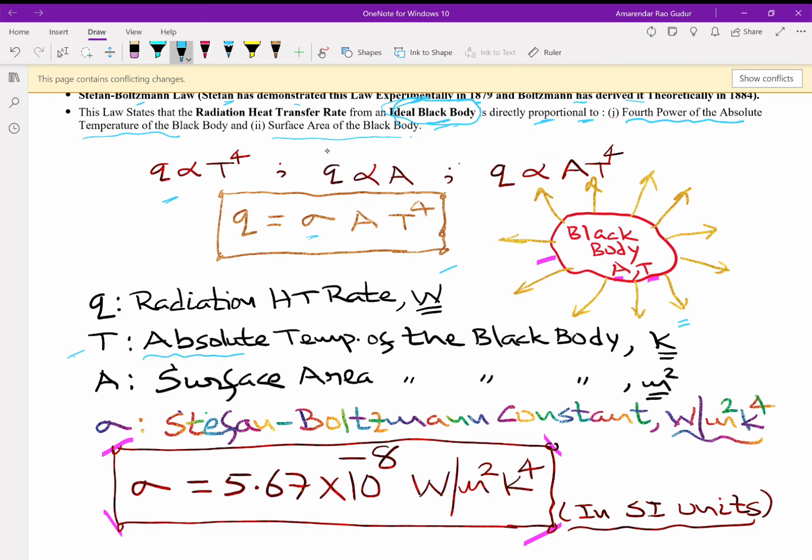There is no other go. Temperature has to be in Kelvin. And A must be the surface area in meter square. Sigma represents the Stefan-Boltzmann constant, having units of watts per meter square Kelvin power 4. Since it's a constant in the SI system, its value is 5.67 times 10 power minus 8 watts per meter square Kelvin power 4.